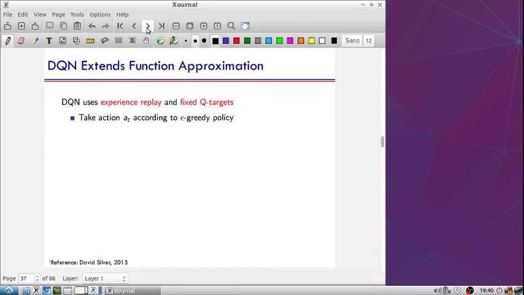So I'm going to freeze this to be some fixed number from before. Okay, and that's what fixed Q targets means. And experience replay just means this is how I'm going to try different things, store it in a database, and subsample a bunch of numbers from the database and look at this type of an optimization at every update. Okay. So those are the 2 things that they introduced in this paper.